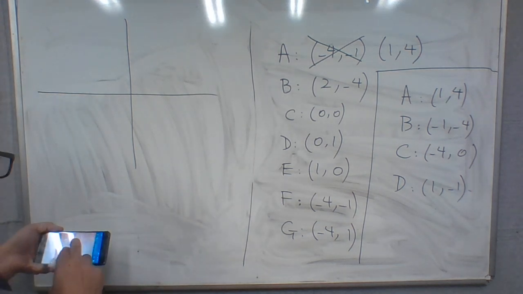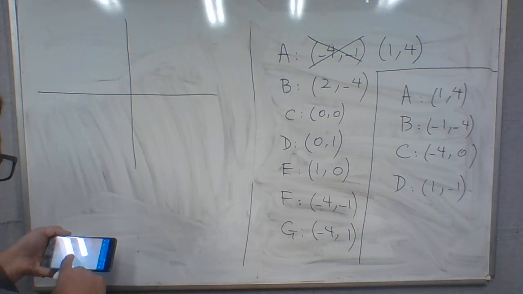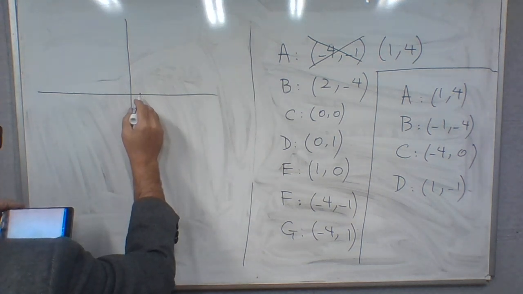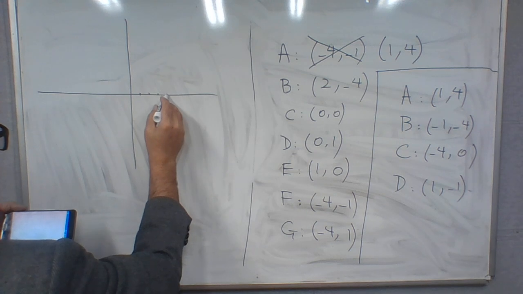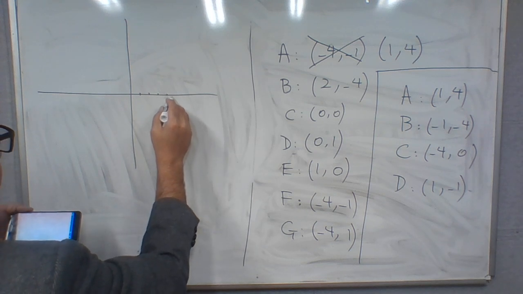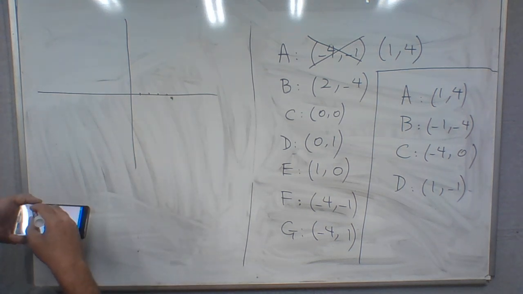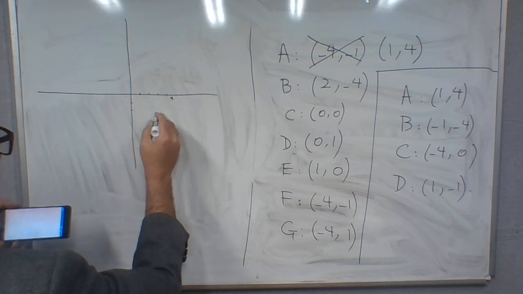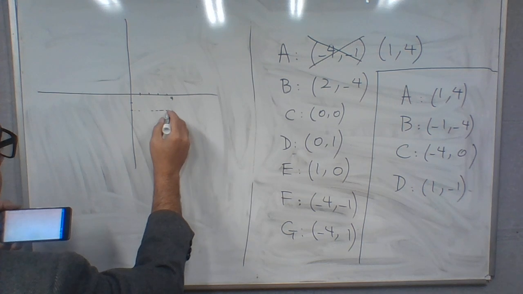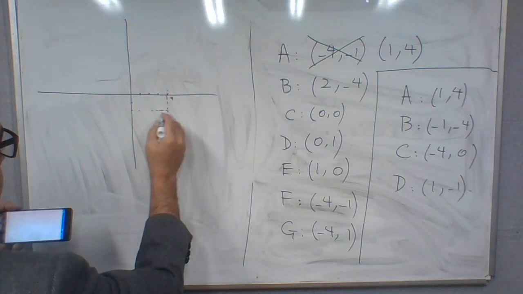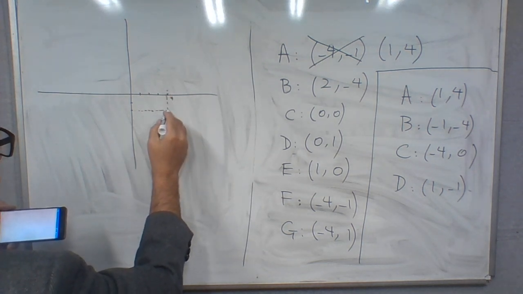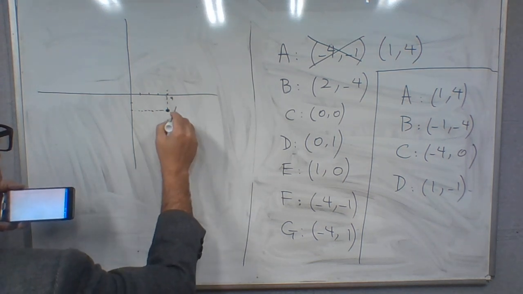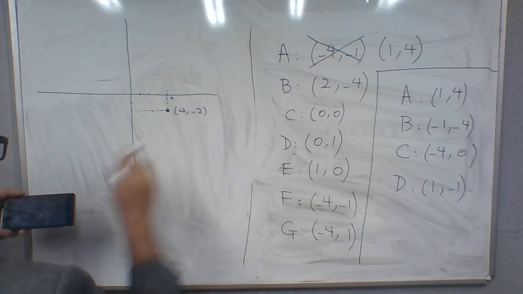First one is 4 and -2. So 4 is horizontal: 1, 2, 3, 4. And -2, 2 units down: 1, 2. If you draw the horizontal and vertical lines, you reach this point. So this is 4 and -2.